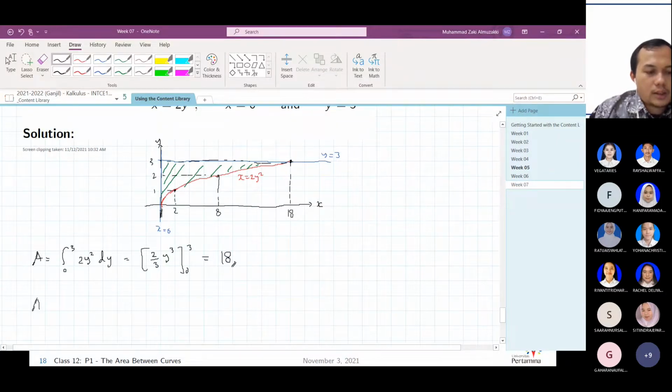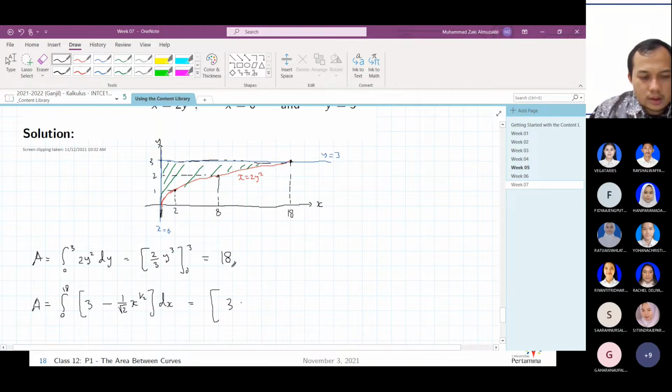Or we can also compute the area this way: the integral from 0 to 18, where the upper function is 3 and the lower function is y equals 1 over square root of 2 times x to the power half, dx.